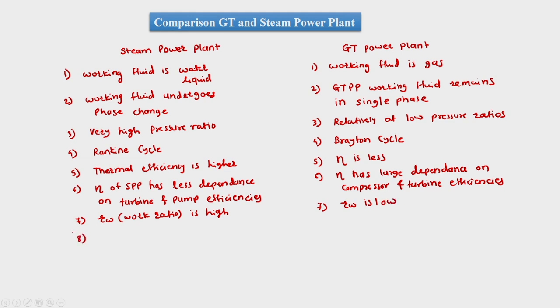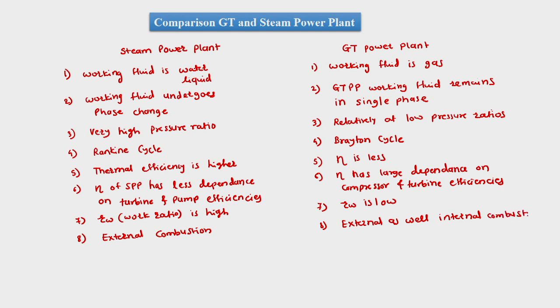So 8. Steam power plant is mainly having external combustion, while in case of gas turbine power plant it can have external as well as internal combustion, as we have seen based upon the arrangement.